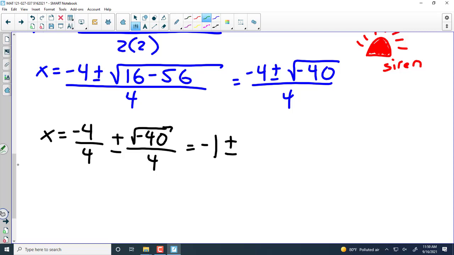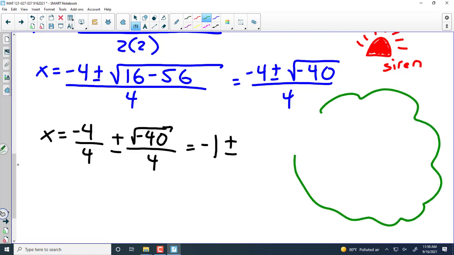Well, let me think. Square root of -40 is the same thing as the square root of 40 times -1, or square root of 40 times i. In fact, anytime you have the square root of a negative number, class, you can just rewrite it as the square root of a positive number with the i on the outside.